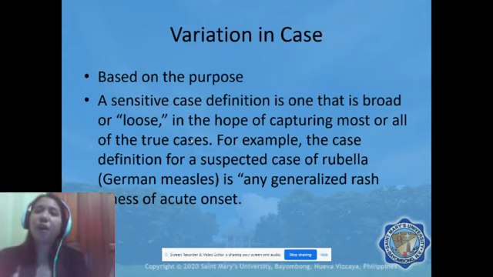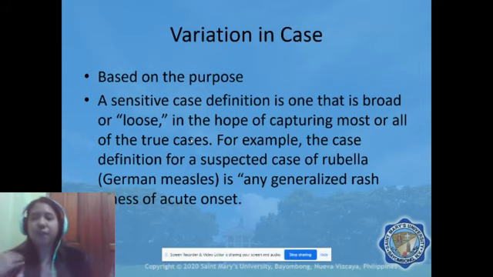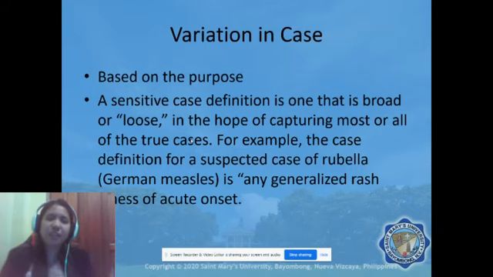So how about variation in case definitions? When you are asked as epidemiologists to provide a definition of a case, we actually have two types of definition. We have what we call the loose and the strict. It depends on the purpose. For example, if a health official just needs the definition in a rush, then you might consider a loose definition.